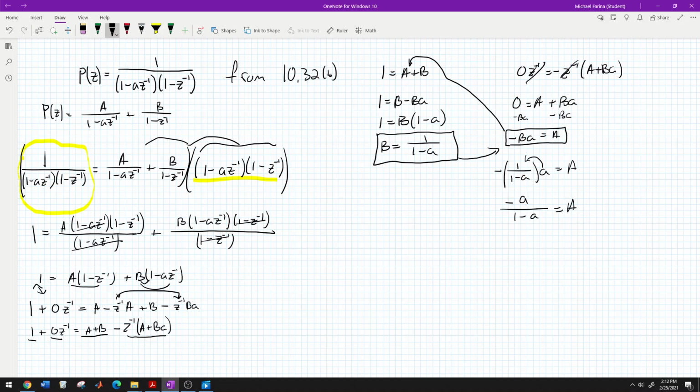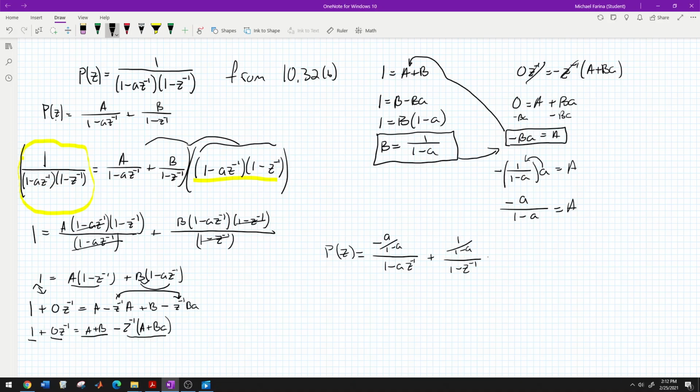So what I end up with is that P of Z is equal to negative a over 1 minus a all over 1 minus a Z inverse, and then plus 1 over 1 minus a all over 1 minus Z inverse.